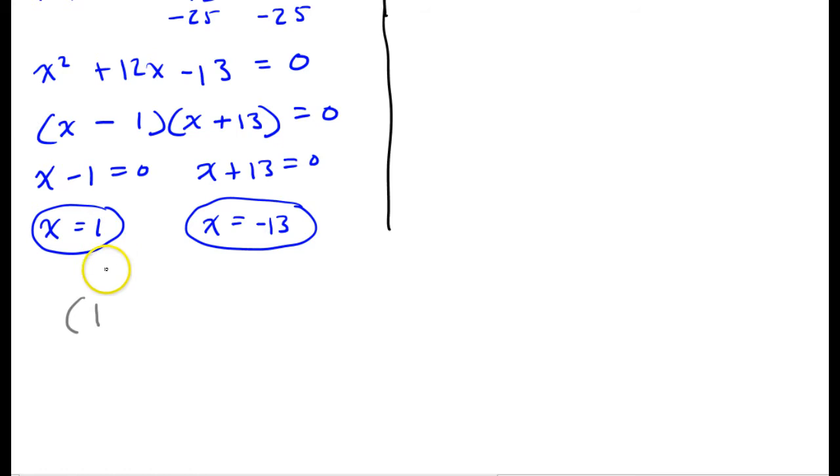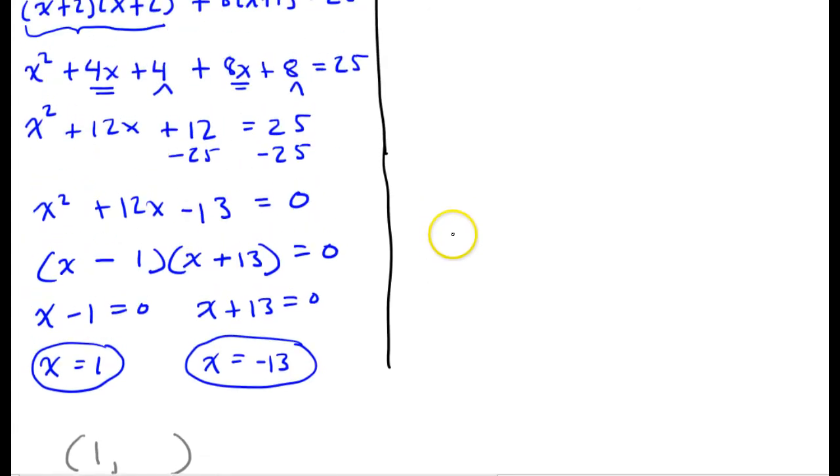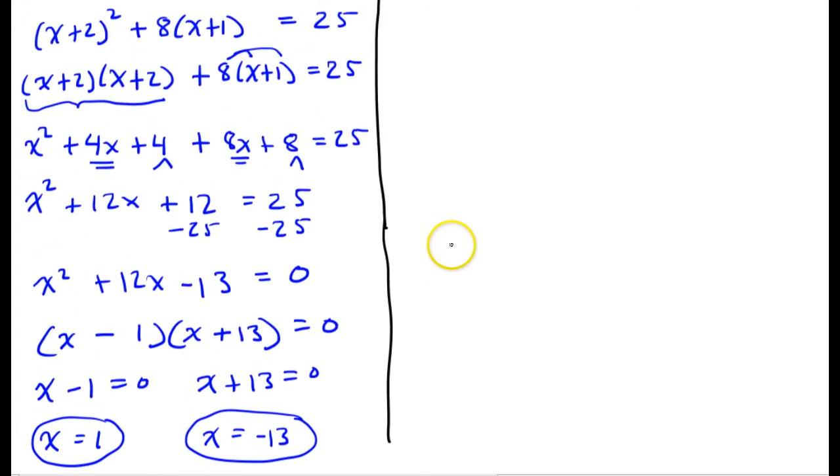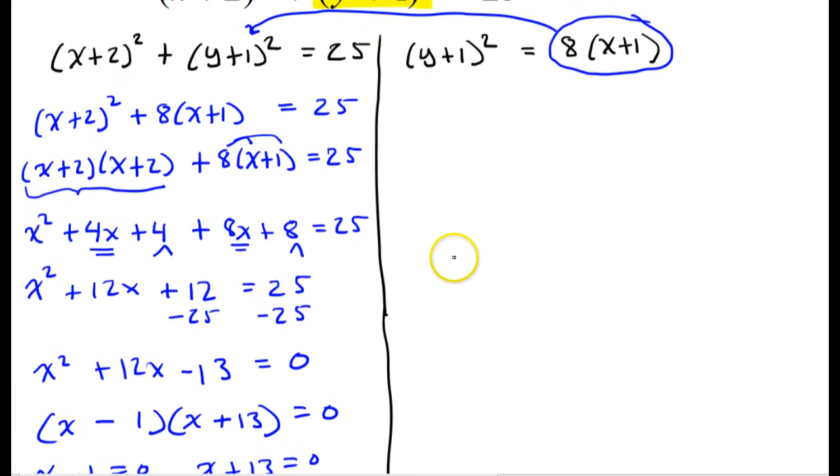So that means I have 1 comma something, and I have negative 13 comma something. So I have my x values, but I need the y values that go with them. So the way I will find my y values is by using the other equation.